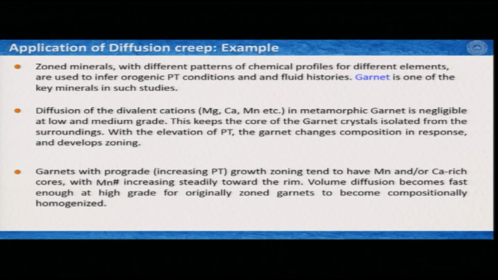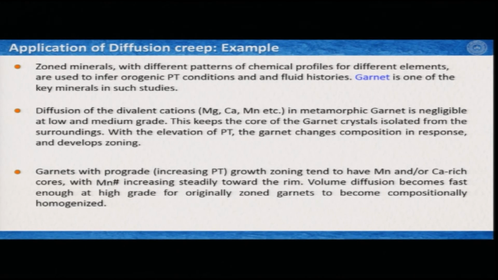Therefore if I have a large garnet crystal, the core of this garnet is almost undisturbed, somewhat isolated from the surroundings. But if the temperature is high, then diffusion starts operating, and the elements, particularly the divalent cations, move within the garnet following a typical pattern.